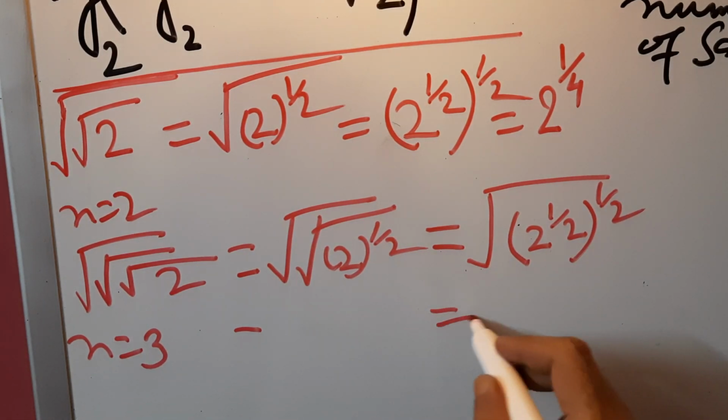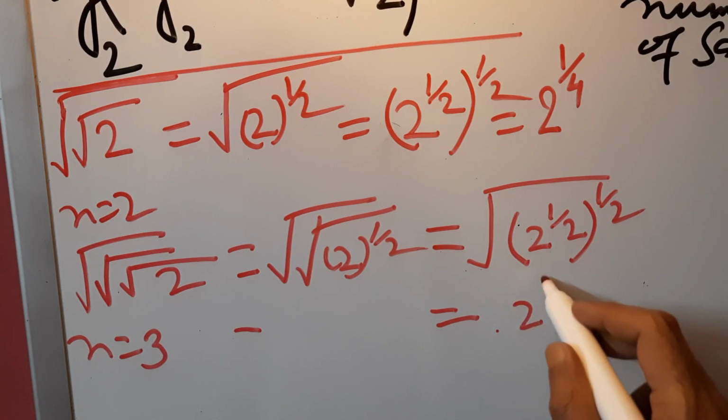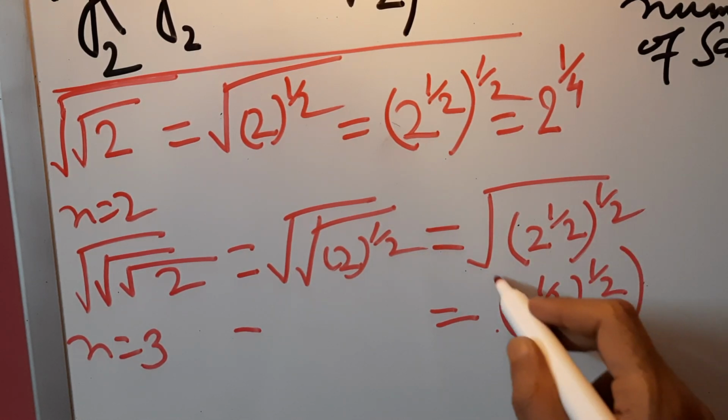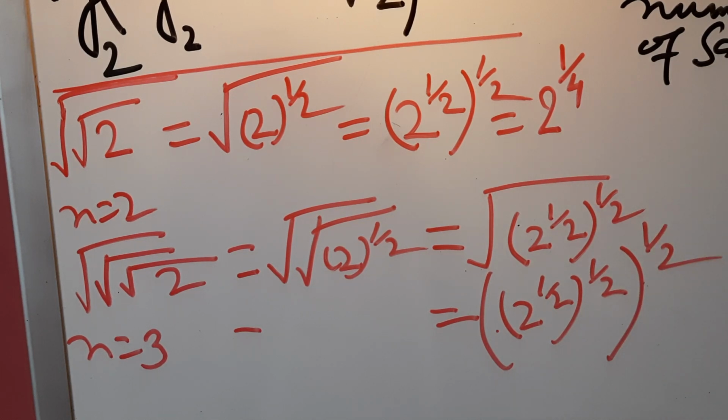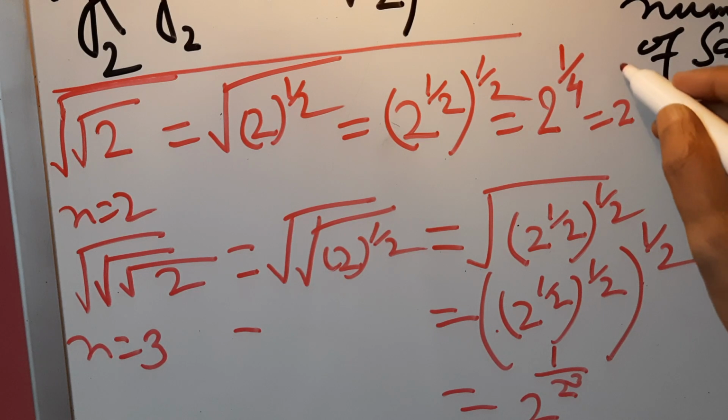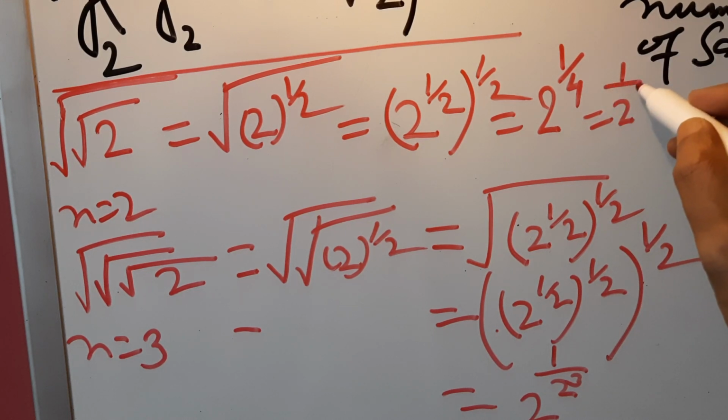Again, if we break the first square root, then it will be 2 to the power half to the power half to the power half. So that means this will be 2 to the power 1 by 2 cube. For the first one, we can write 2 to the power 1 by 2 square.